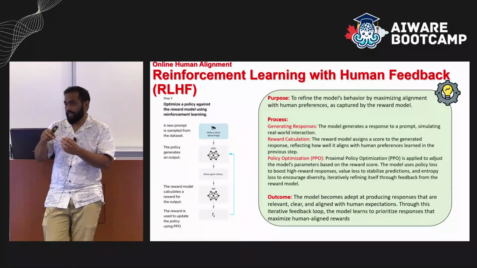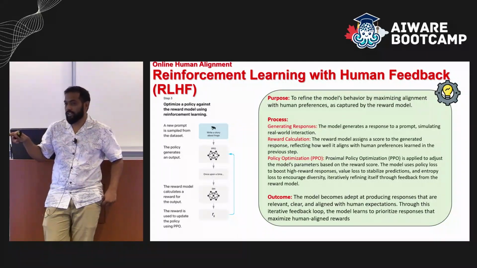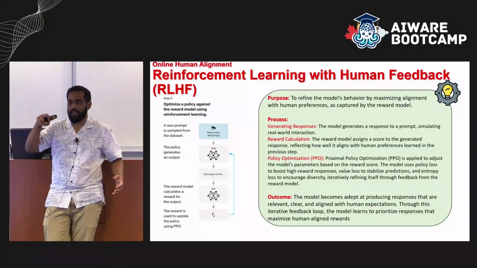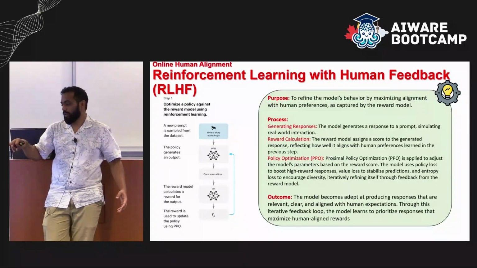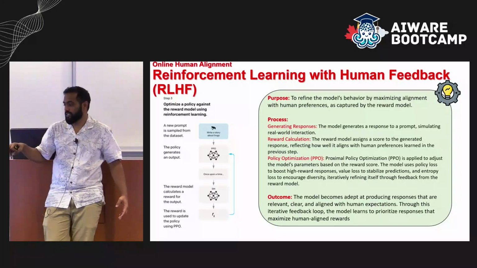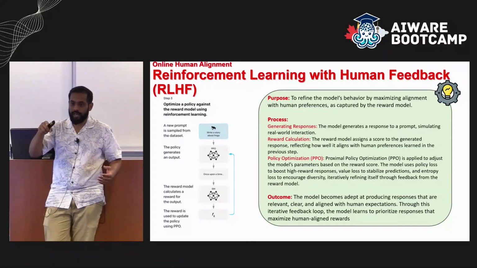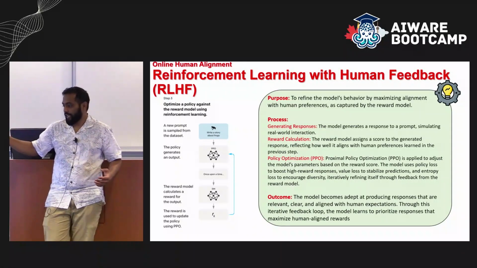Depending on the reward, we use a reinforcement learning algorithm, through a technique like proximal policy optimization, to adjust the model's parameter weights so that it can get more reward every time.